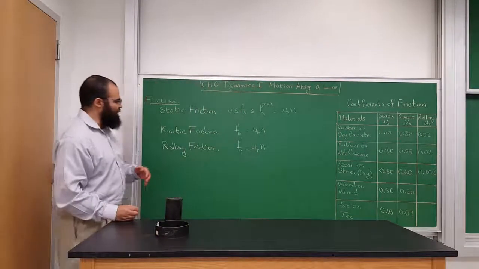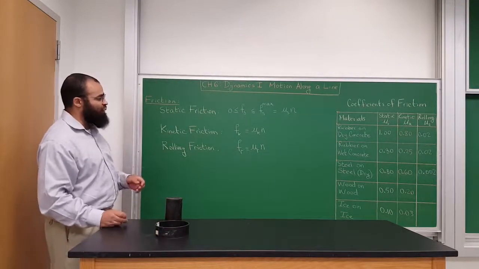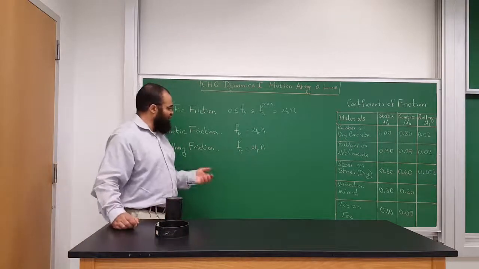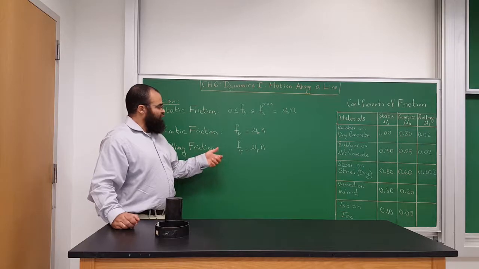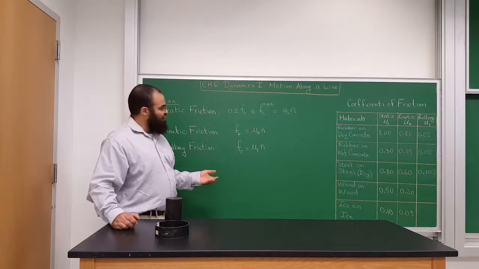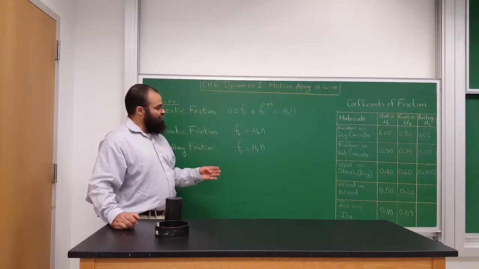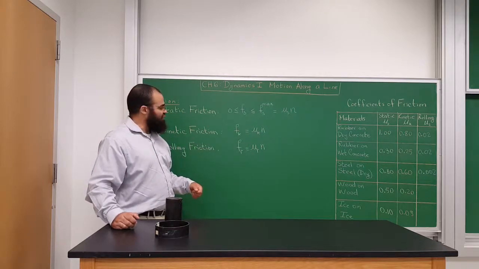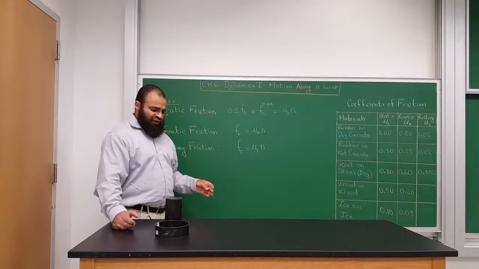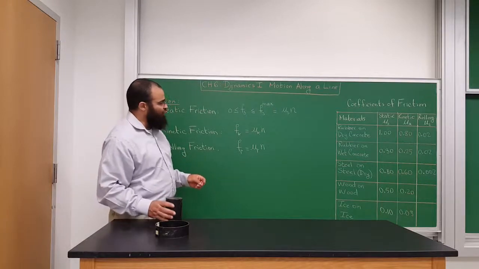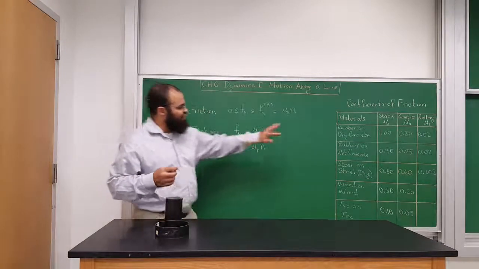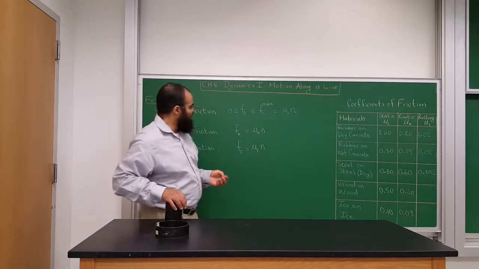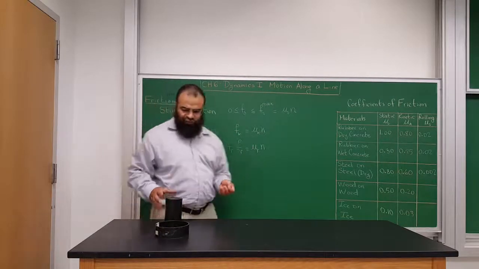Now, what are some of the properties of friction? If you want to be exact about it, it doesn't just take one value, right? It depends on many things. Typically, the friction will depend only on the two materials, and it doesn't depend on the surface area.